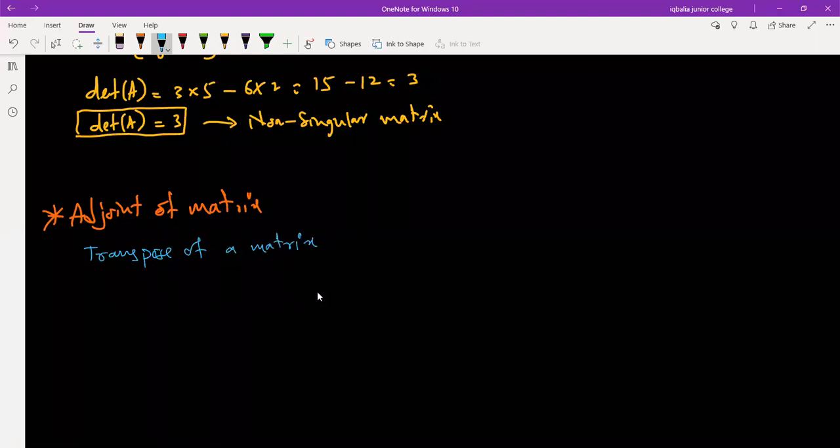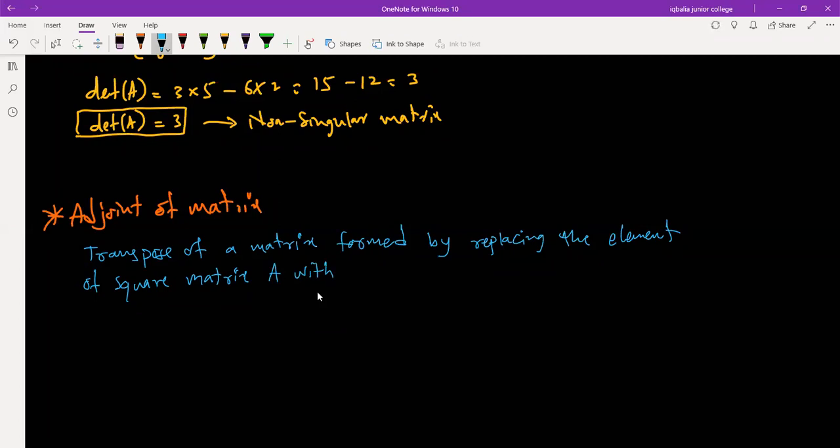Transpose of a matrix formed by replacing the element of square matrix A with corresponding cofactor is called adjoint of A.